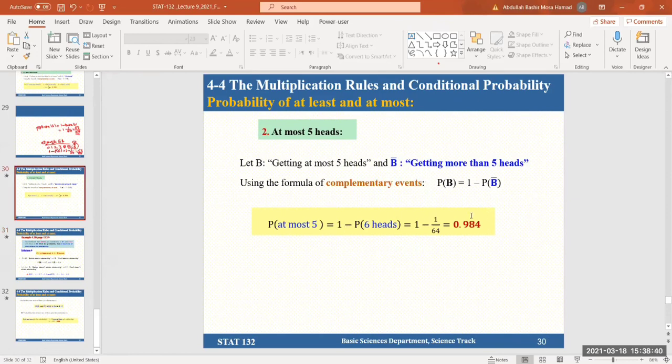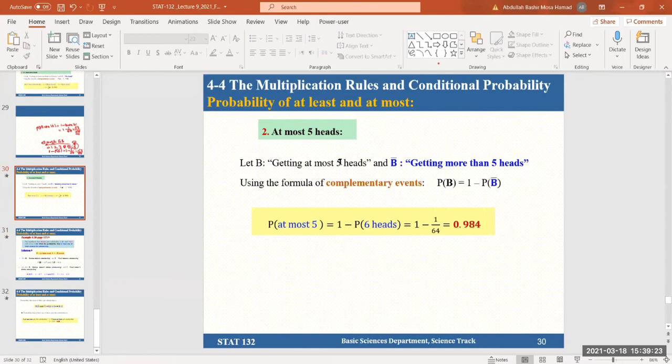You already saw at most. I want you to understand the general concept, not the example. Even if you don't understand this example, it is to make you understand in general. For at least and at most, we use the concept of a complementary event. So at most 5, easy. Ask about at most 4. How to get at most 4? Just fast one: 1 minus P of 5 and P of 6.